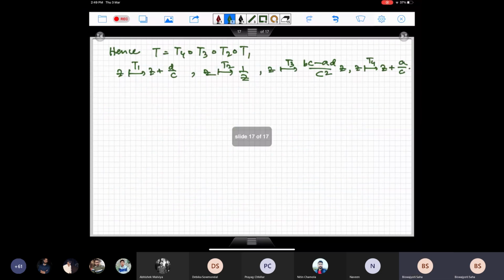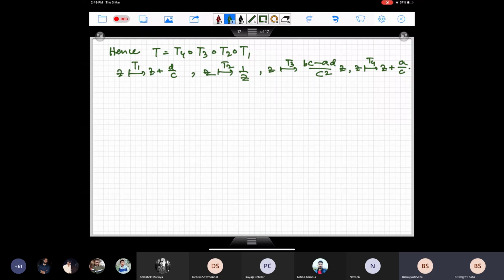So effectively, the important thing is that we have been able to construct our Mobius transformation by means of composition of these simple looking basic Mobius transformations. Okay.